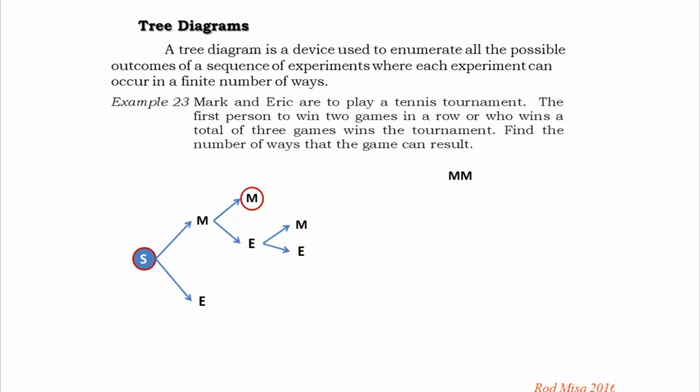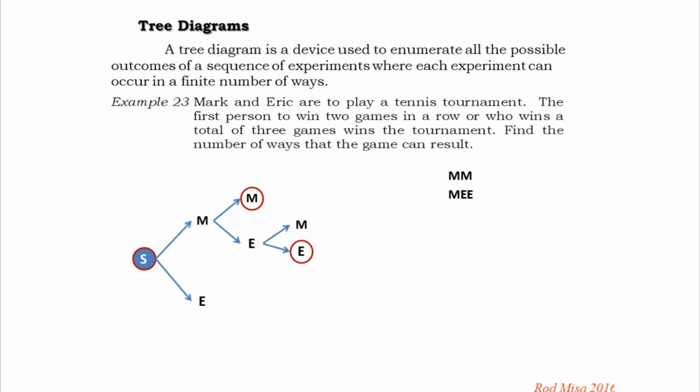But suppose Eric won the third game, then it is the end of the tournament because Eric has won 2 games in a row. So the pattern is Mark won the first game and then Eric won the second and the third game. So Eric has won 2 games in a row and that's the end of the tournament.